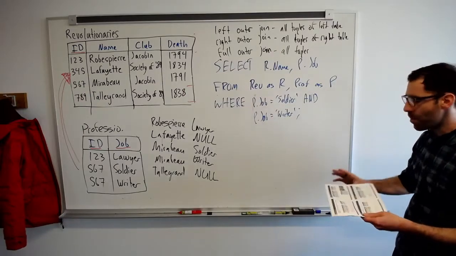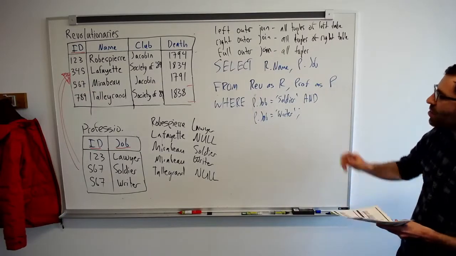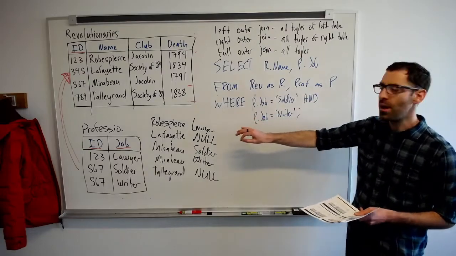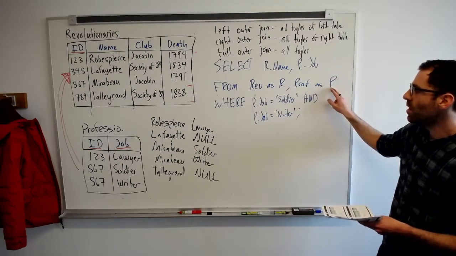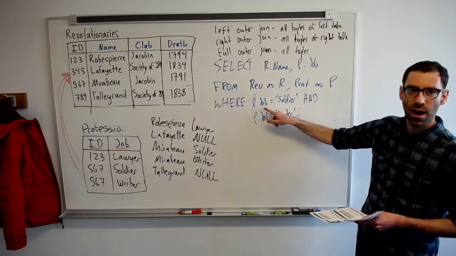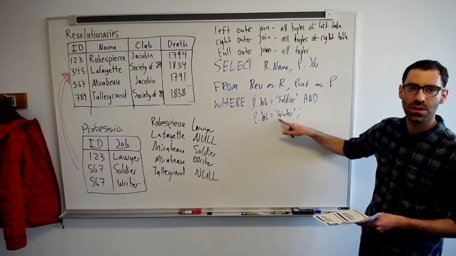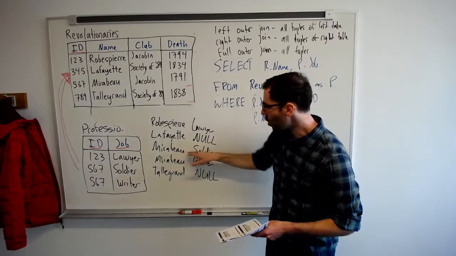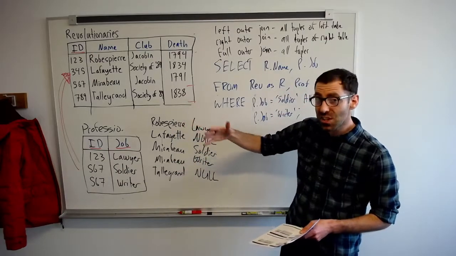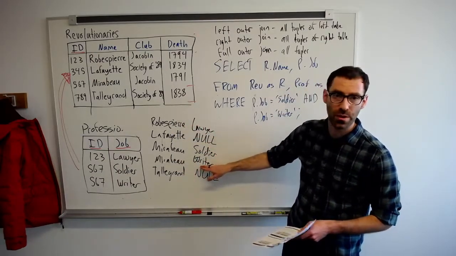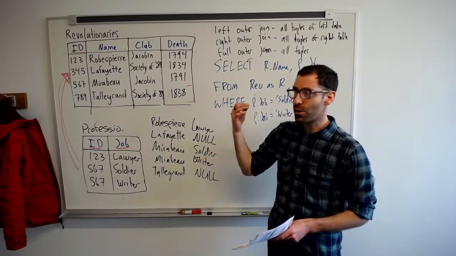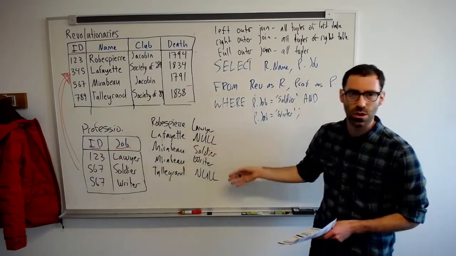Unfortunately not, because there is no tuple in the join that has job with two different values. There's a tuple where the job is soldier and a separate tuple in the join where the job is writer. There is no tuple where job is simultaneously soldier and writer.